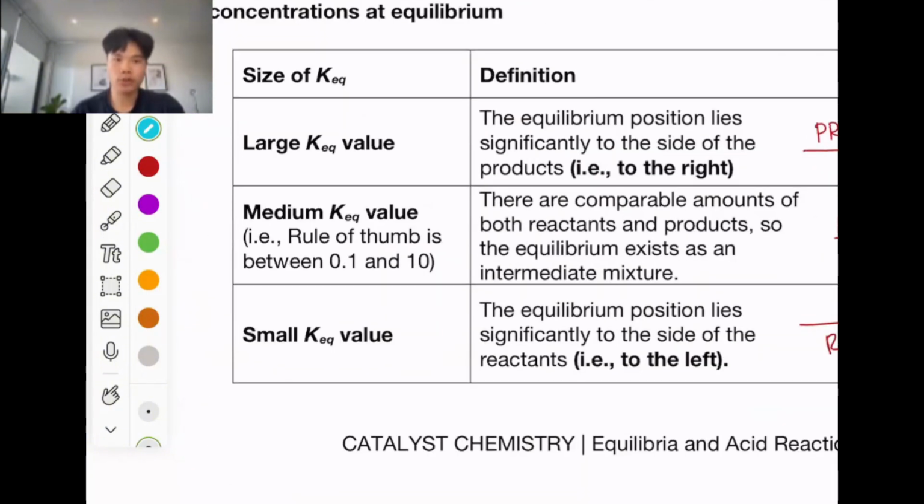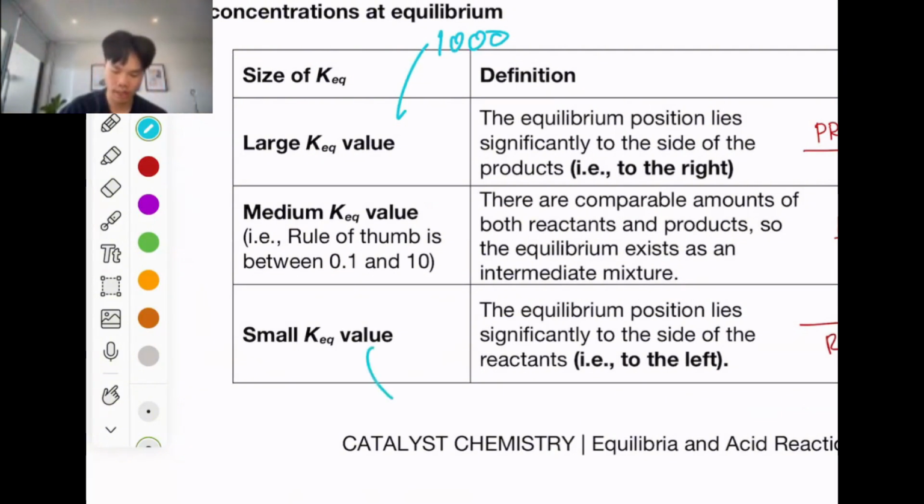We should be able to tell from a big, moderate, or small K value the ratio between products and reactants. So if you have a massive K value of 1,000, it's essentially telling you that the product of the products is much bigger than the product of the reactants. And equilibrium likely lies towards the right, where you have more products compared to reactants. And vice versa.